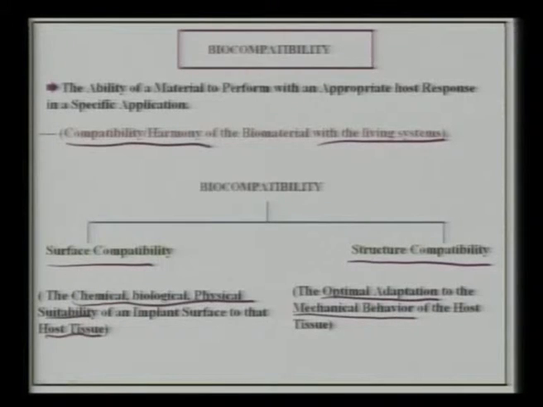So the optimal adaptation to the mechanical behavior of the host tissue or host bone is important. Bone is nothing but a hard tissue. How well it is optimally adapted as far as mechanical properties are concerned is what is meant by structure compatibility. So there are two things: surface compatibility and structure compatibility. Structure compatibility mostly concerns load-bearing implants and how the mechanical adaptation process is possible.